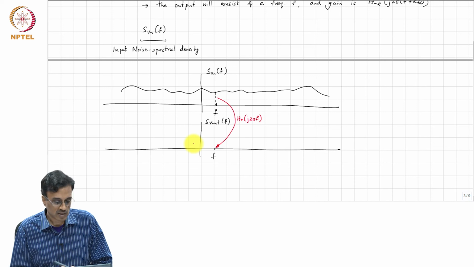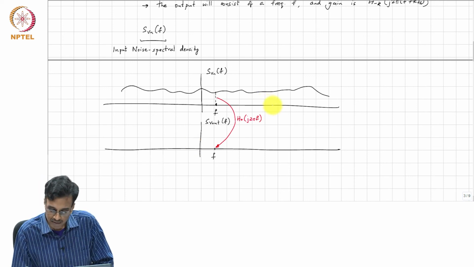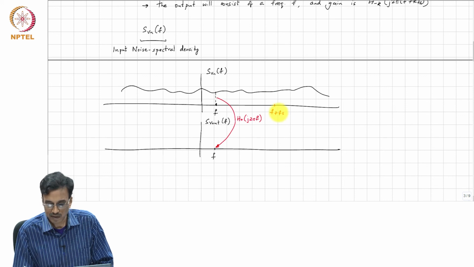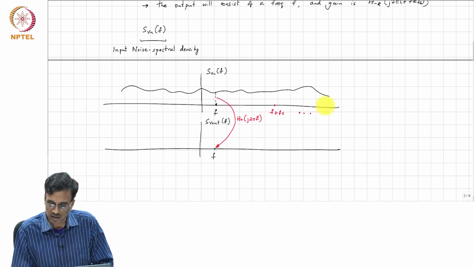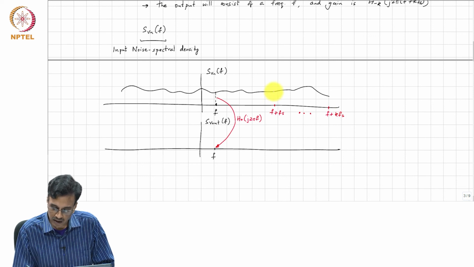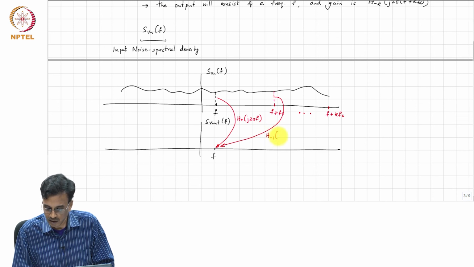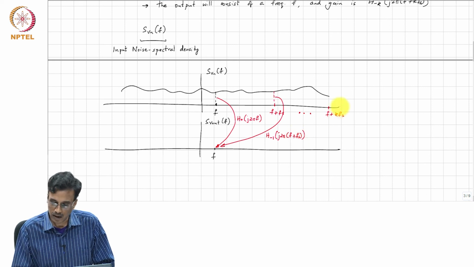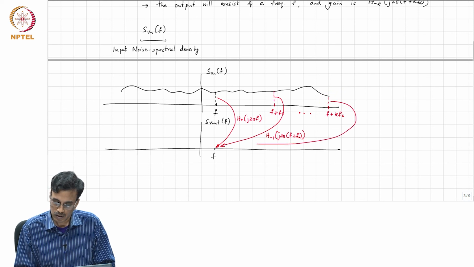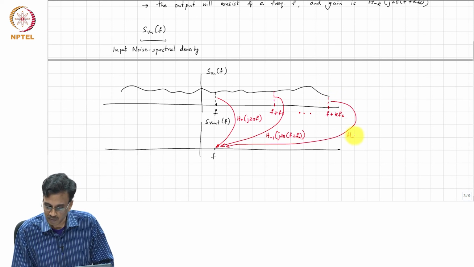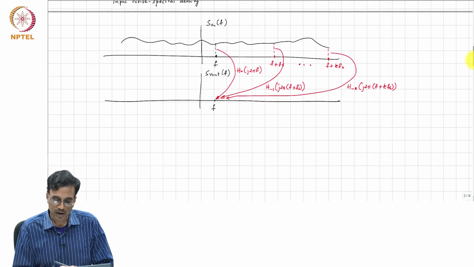But it is not just this tone that will fold, you will have f plus fs, right, and in general f plus k fs, okay, and this will fold over with a gain h sub minus 1 of j 2 pi f plus fs, and this will fold over with a gain of h sub minus k of j 2 pi f plus k fs. So what comment can we make about the output power spectrum?